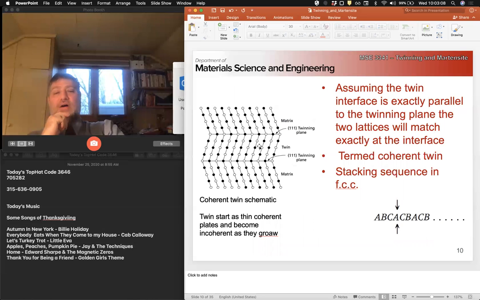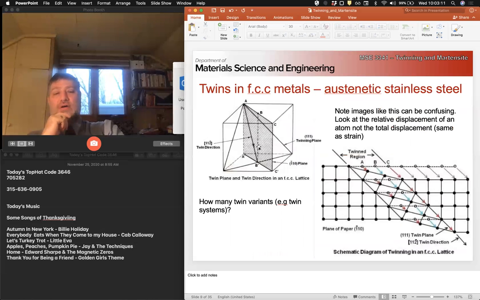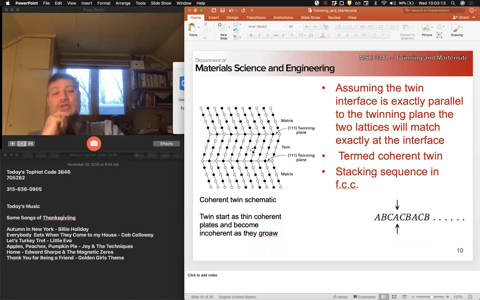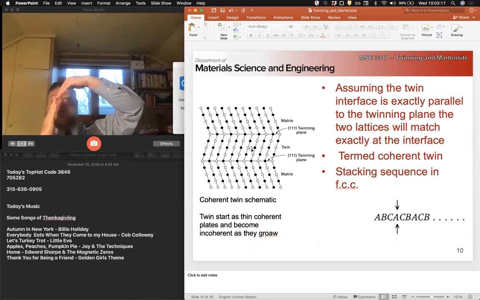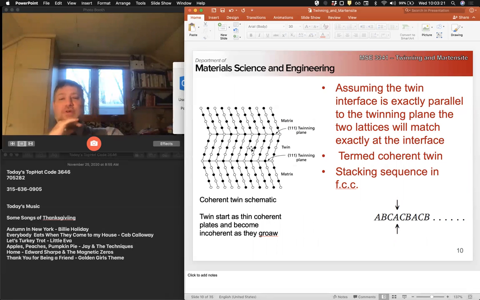and how a local change, a small relative change of atomic positions, can give you a macroscopically large strain.